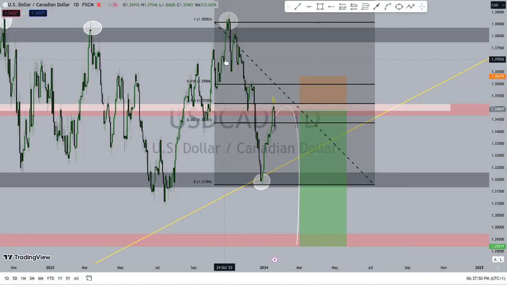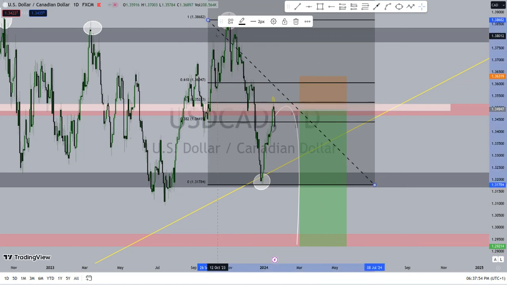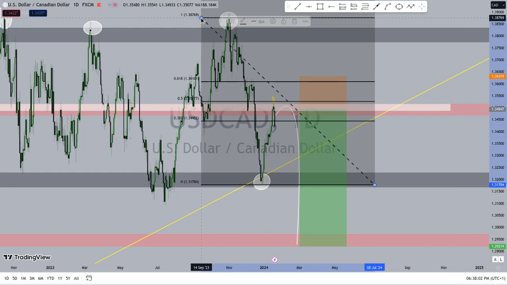Take a look at this clearly, and you can see for yourself that this is the actual movement which USD CAD was about to give us. Right at the 0.5 retracement level, the US dollar against the Canadian dollar respected that level so well, because that is a key level. That was why it respected it.